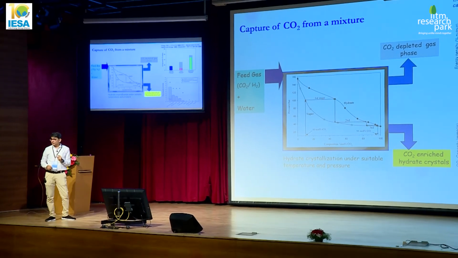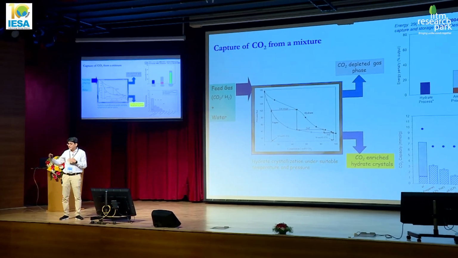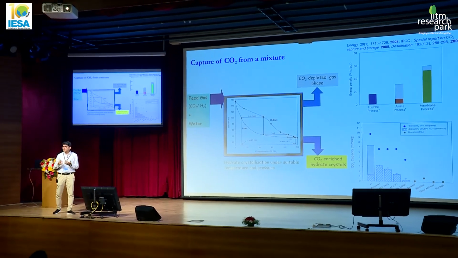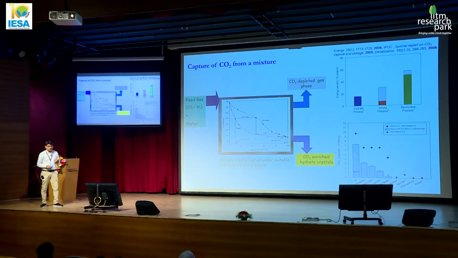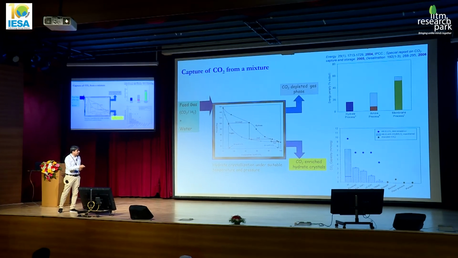A physical process will be costly during the capture step because you have to go to a lower temperature or higher pressure to capture it. But when you regenerate, it will not cost you any money because it will automatically dissociate at a certain temperature and pressure condition. So if you add both these costs, it will come out cheaper.